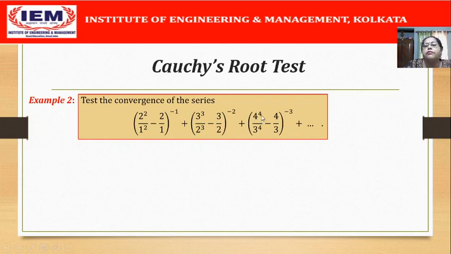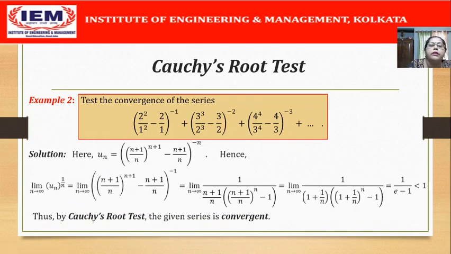Similarly, the third one, 4 to the power 4 by 3 to the power 4 minus 4 by 3, again the whole expression to the power minus 3, and it continues like this. Once again, we need to write carefully the nth term, un. See that the third term has a power of minus 3, the second term has a power of minus 2, so the nth term will have the power minus n.